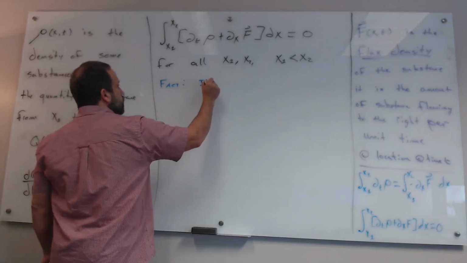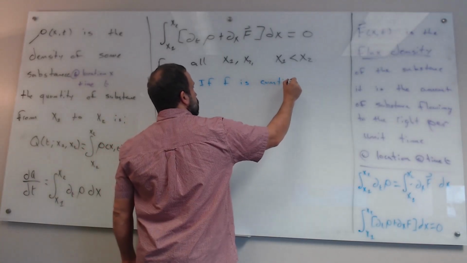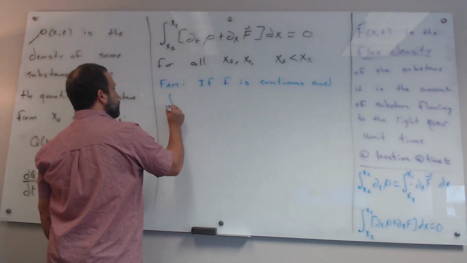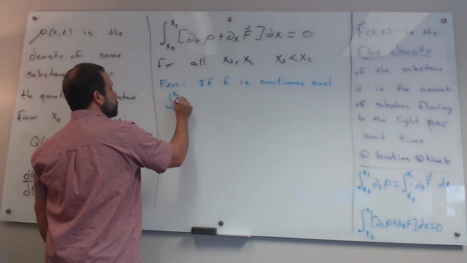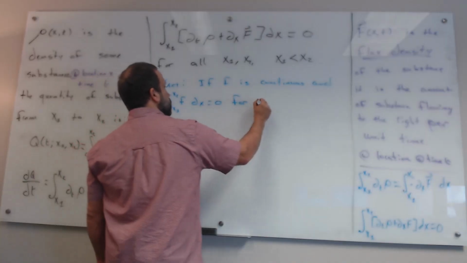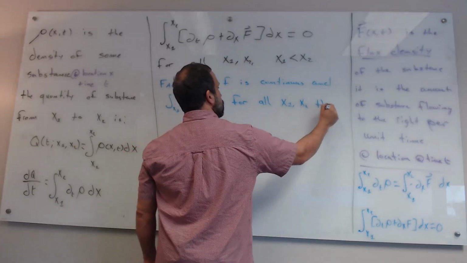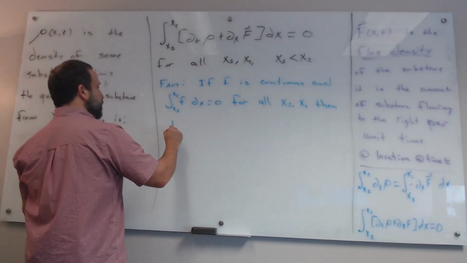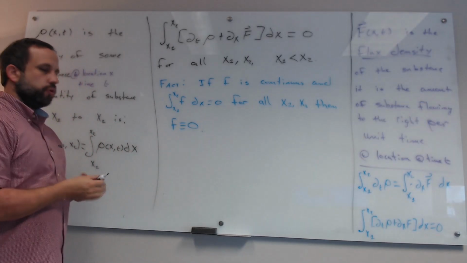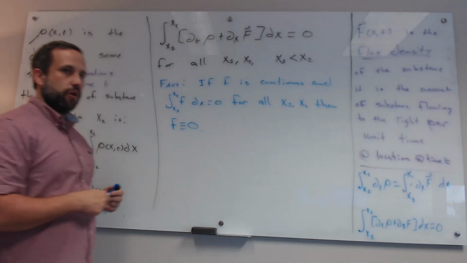Fact: if f is continuous, and the integral of f from x1 to x2 is equal to 0 for all x1 and x2, then f is identically equal to 0. So what this says is if we know the integral of f on every interval is 0, then f has to be the 0 function.